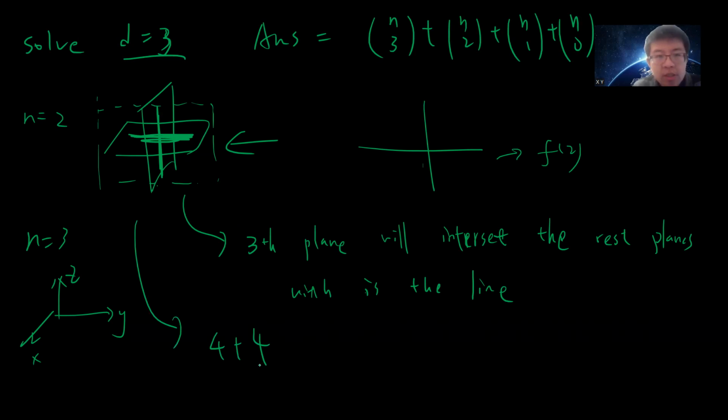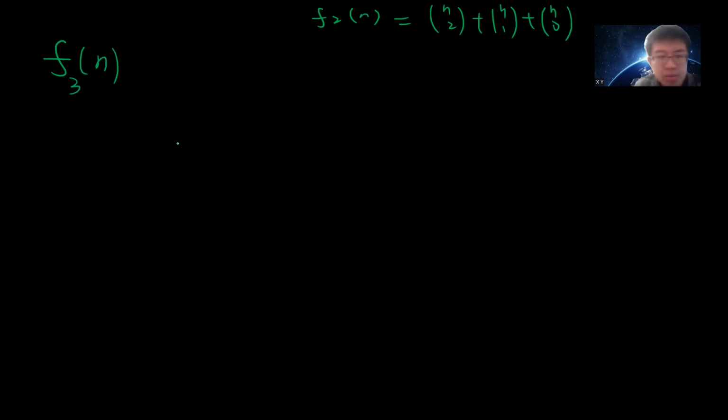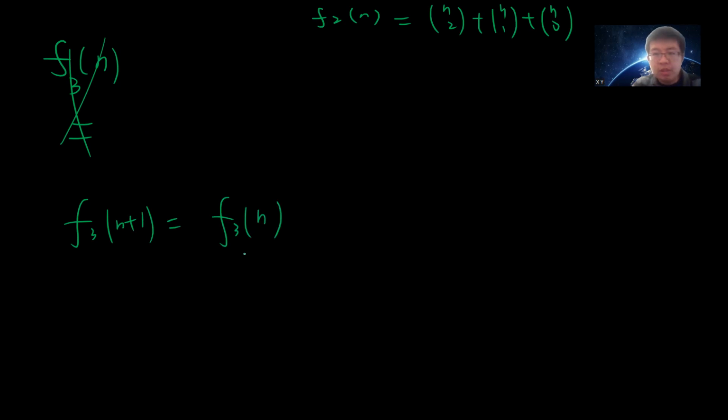So if I define f of 2, n to be the previous one, which is n choose 2, n choose 1, n choose 0, then my f of 3, n plus 1 will be f of 3, n plus the nth line added. The nth line added should give me f of 2, n, because of the second, right?